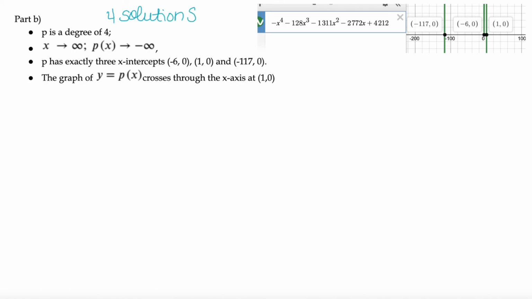We also know that our x-intercepts are at -6, 1, and -117. So that's pretty interesting. We also know that it has a negative leading coefficient because as our x values go to positive infinity, our y values go to negative infinity. This gives us the negative leading coefficient.